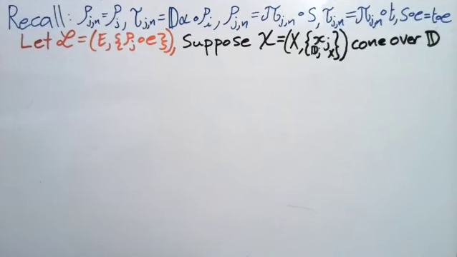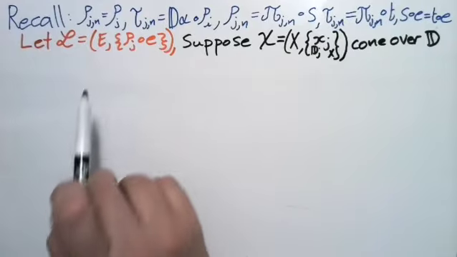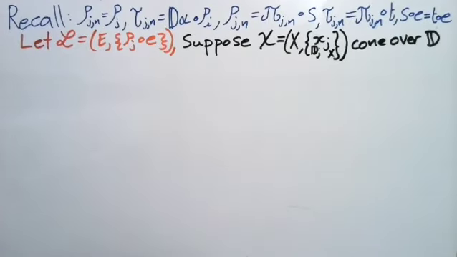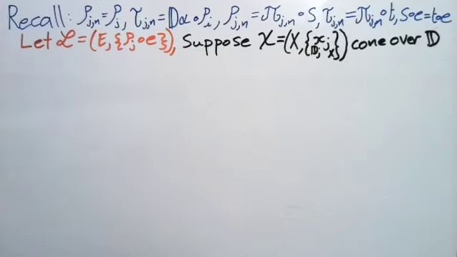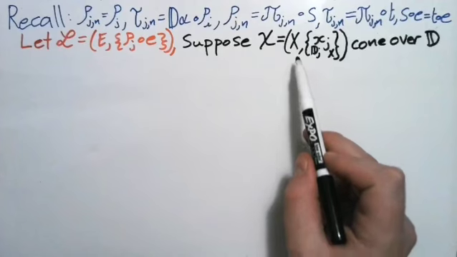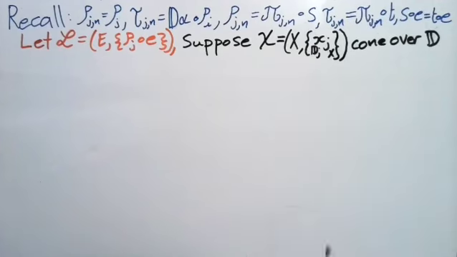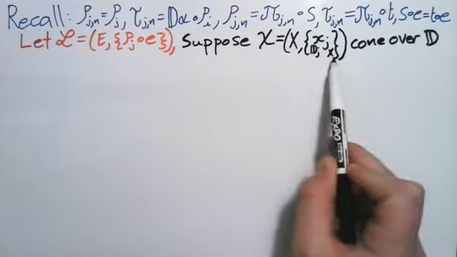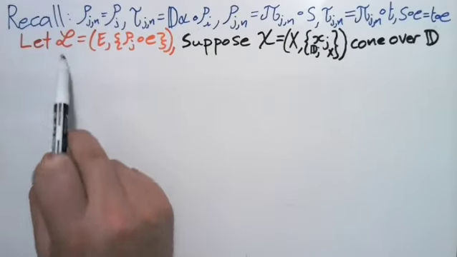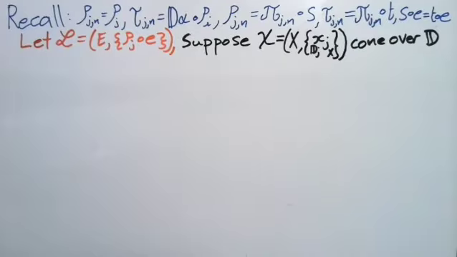So to continue with the proof, let L be the cone that we just found and that we proved was a cone, and let curly X be some other arbitrary cone over D. So that is a vertex X and the legs x_j, each going from the vertex X into the dj in our diagram D. And our ultimate goal will be to show that there's a unique mediating morphism going from X, the vertex of this cone, into E, the vertex of our L here.